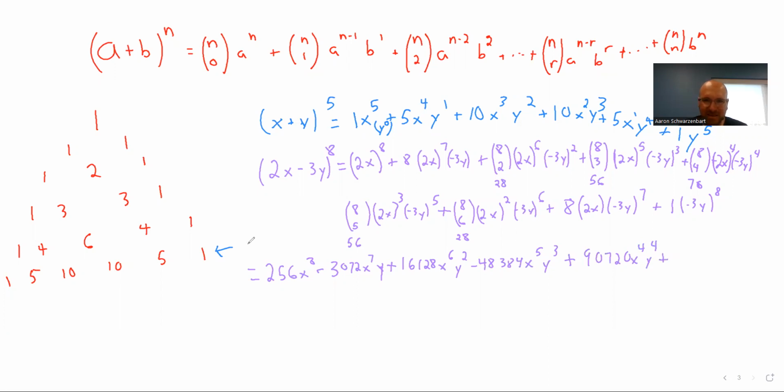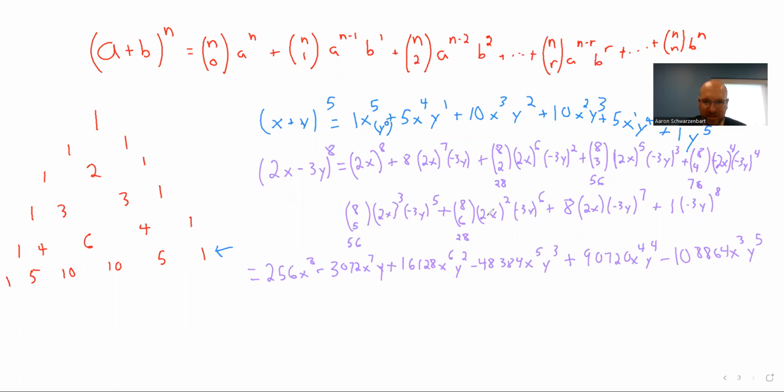Plus 56 times 2 cubed times negative 3 to the 5th. And again, this is not going to be a plus. It's going to be a minus. So that's a negative number. It's a negative 108,864 x cubed y to the 5th.